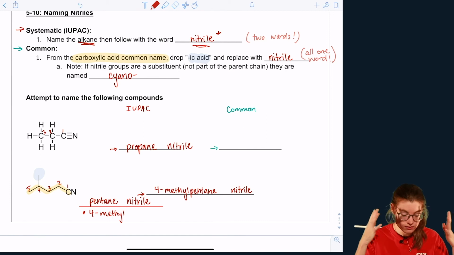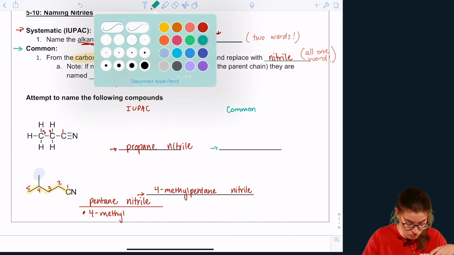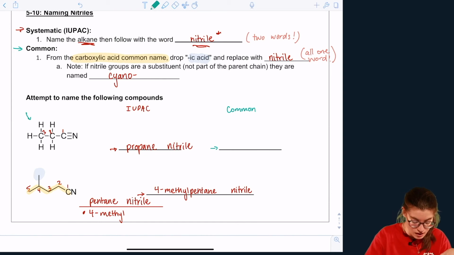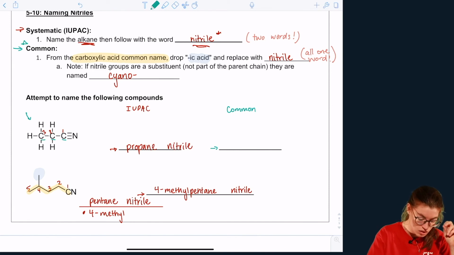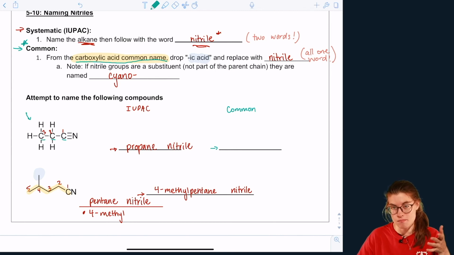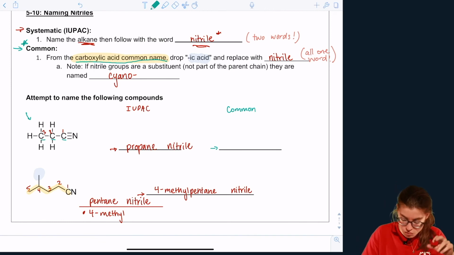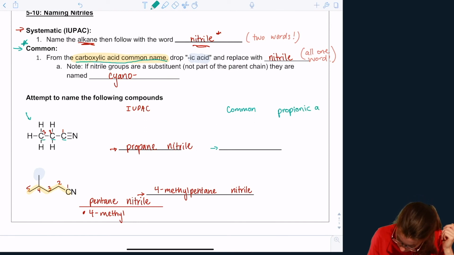Okay. Now let's look at the common name for the first molecule. We have 1, 2, 3 carbons. Remember, for the common naming, we're going to use the carboxylic acid common name. So how would we name a carboxylic acid the common way when it has 3 carbons? Well, we would name it propionic acid. So this is the common carboxylic acid name.